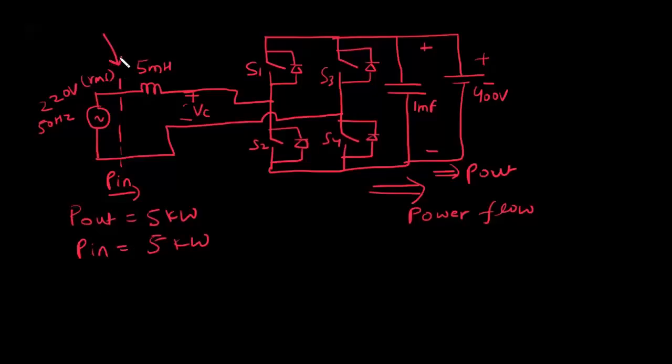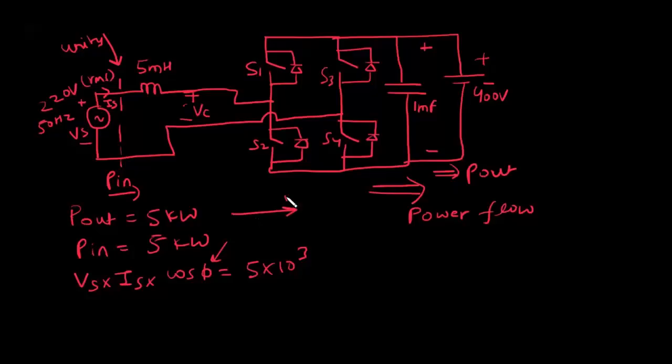We know that here the power factor is unity. Let's say this current is Is and this voltage is Vs. So Vs into Is into power factor is 5 kilowatt. The power factor is cos phi, where phi is the angle between Vs and Is.